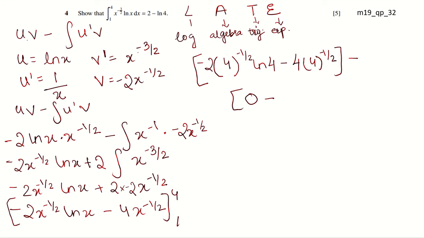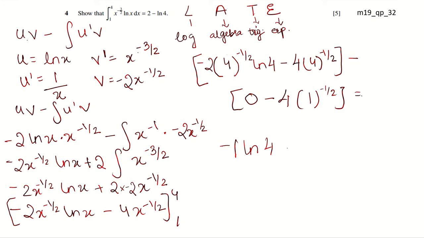And this one will be 4 to the power of 1 minus, okay, so this is basically 4 itself, minus 2 times 4 raised to minus 1 by 2, which is minus 1 ln 4, okay, and this is going to be minus 4 multiplied by 4 raised to minus 1 by 2.